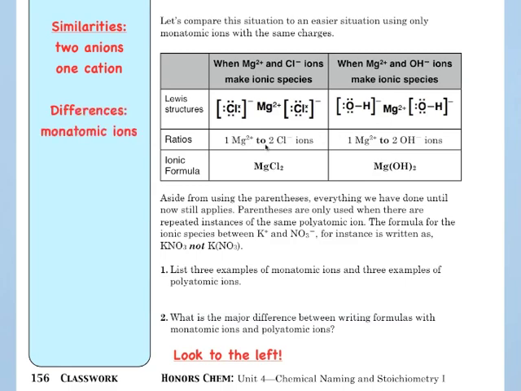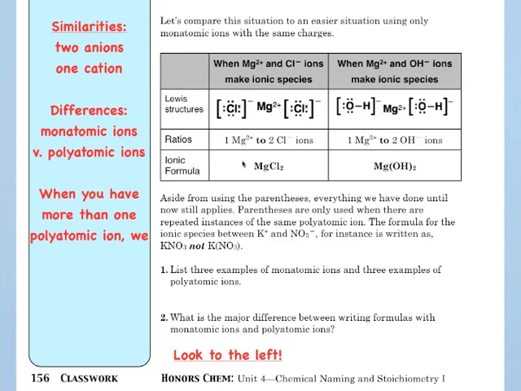Outside of that, we have some monatomic ions on this one versus polyatomic ions on the right. And the last thing that I'm going to go ahead and get you started with is when you have more than one polyatomic ion in the formula, there's something here that's added that is not added here. And we're going to be really focusing on that for the rest of this worksheet.